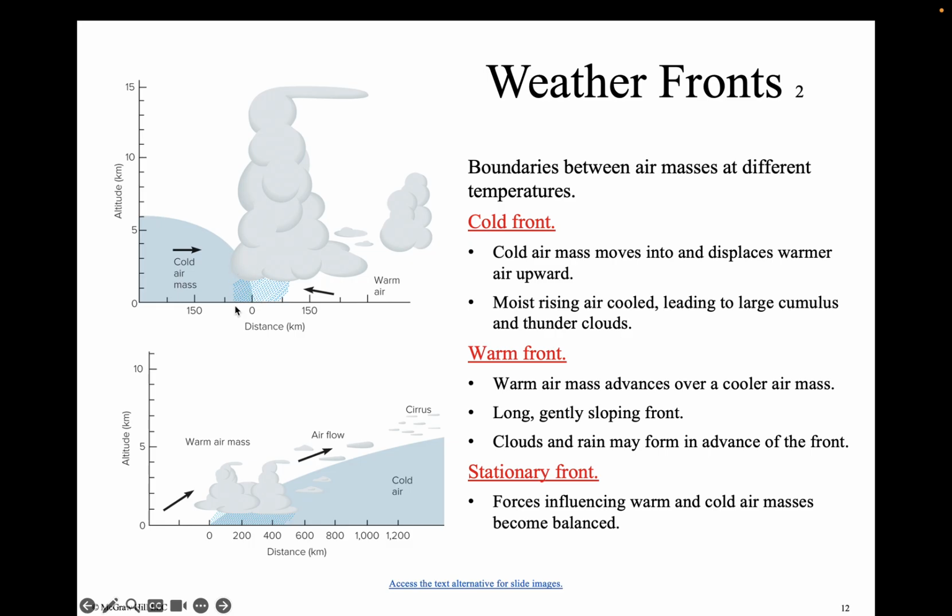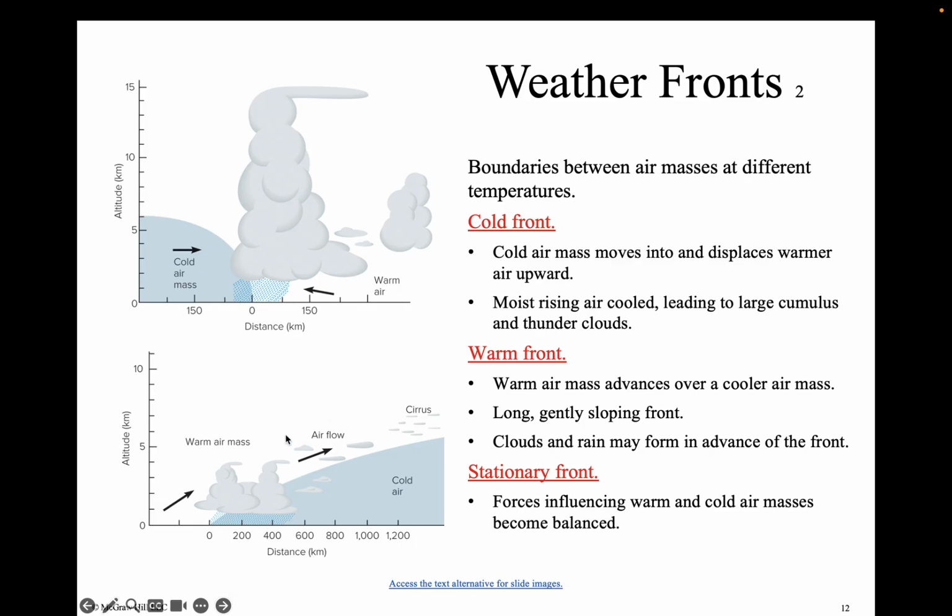You also have the occurrence of thunderstorms, represented here, and heavy rain. But once the front passes, you have clear skies and colder temperature, because the cold air takes over that space.